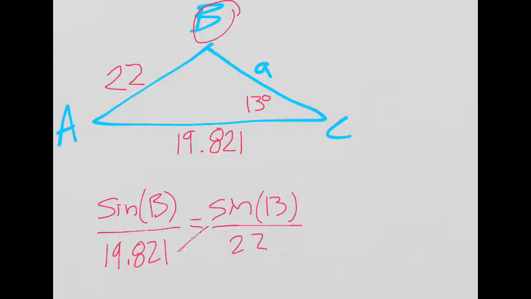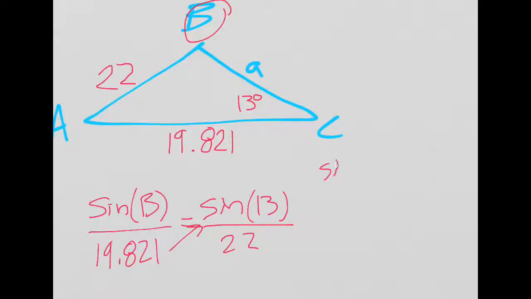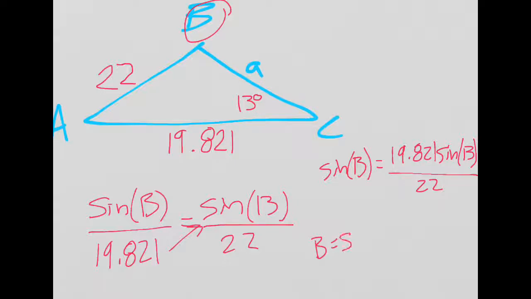So we need to multiply up by that 19.821, and we will get the sine of B equals 19.821 times the sine of 13, all divided by 22. But we do not want the sine of B. We want B, so B equals the inverse sine of that entire ugly mess, 19.821 sine 13 divided by 22.